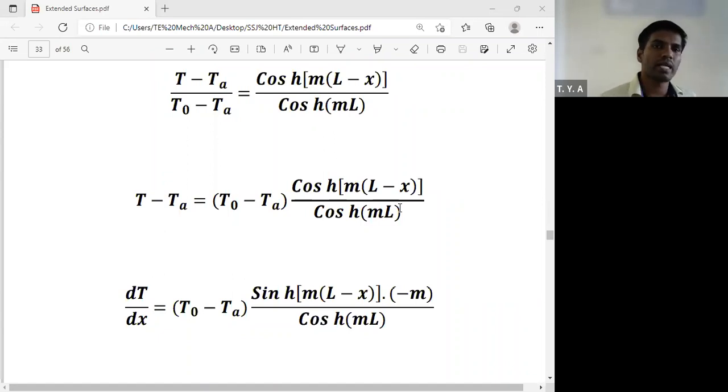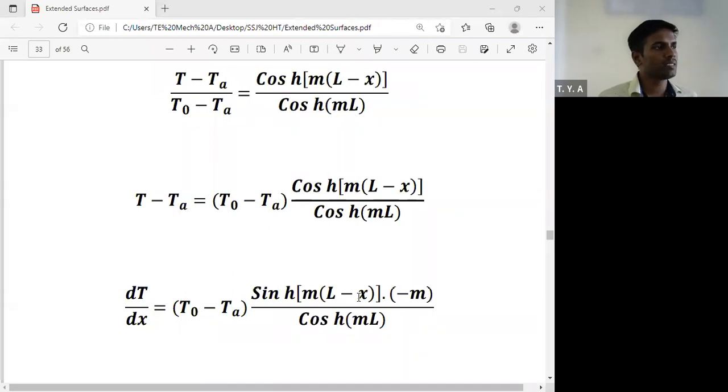Whatever the value of x is, we have to take the derivative of that again. Here m is multiplied by x, so minus mx is there. So we have to take that constant outside, which means we again take the derivative.